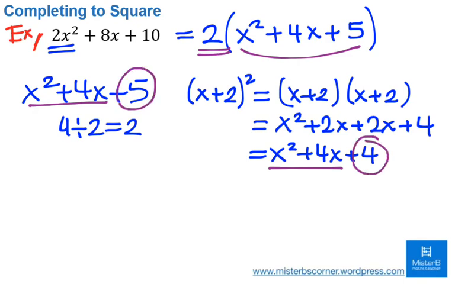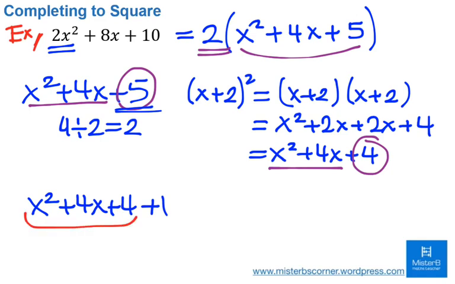So I'm going to write this as x squared plus 4x plus 4, and then to end up with 5, I just have to add 1 more. So this bit will be x plus 2 bracket squared, and then I have this bit remaining, so I'm going to write it as plus 1.